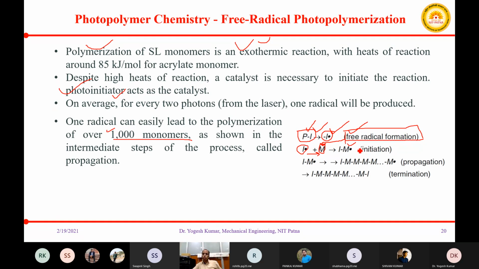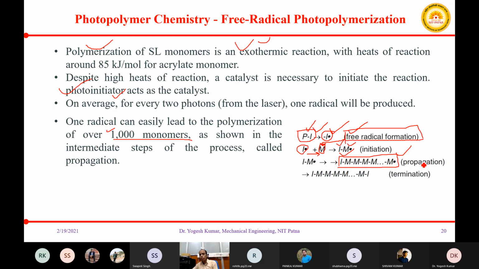And this process continues from when it first gets initiated. It polymerizes the first monomer, then the second monomer, and so on, up to 800 or 1000 monomers for one radical. So this process is called propagation of the polymerization.